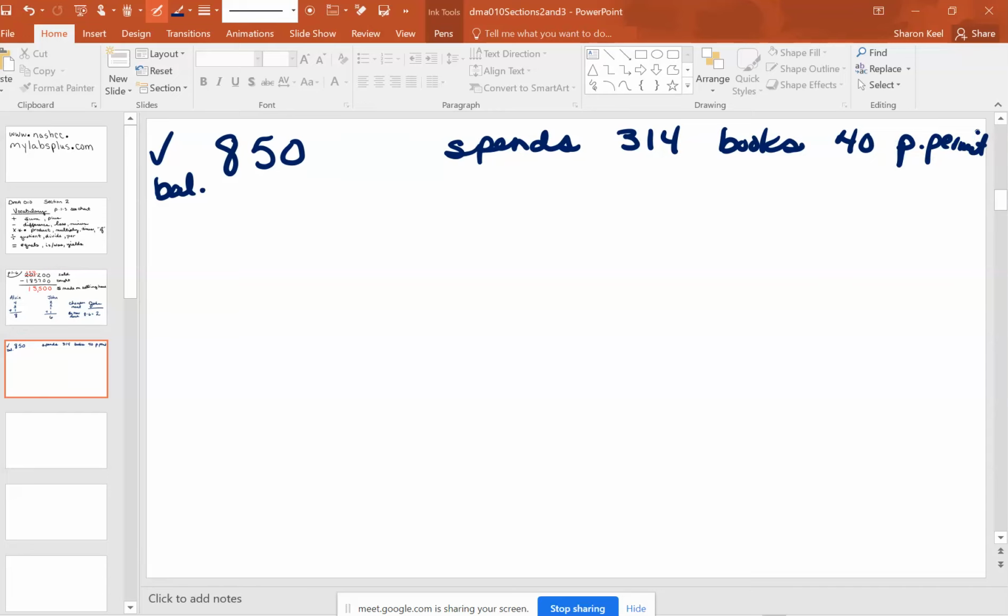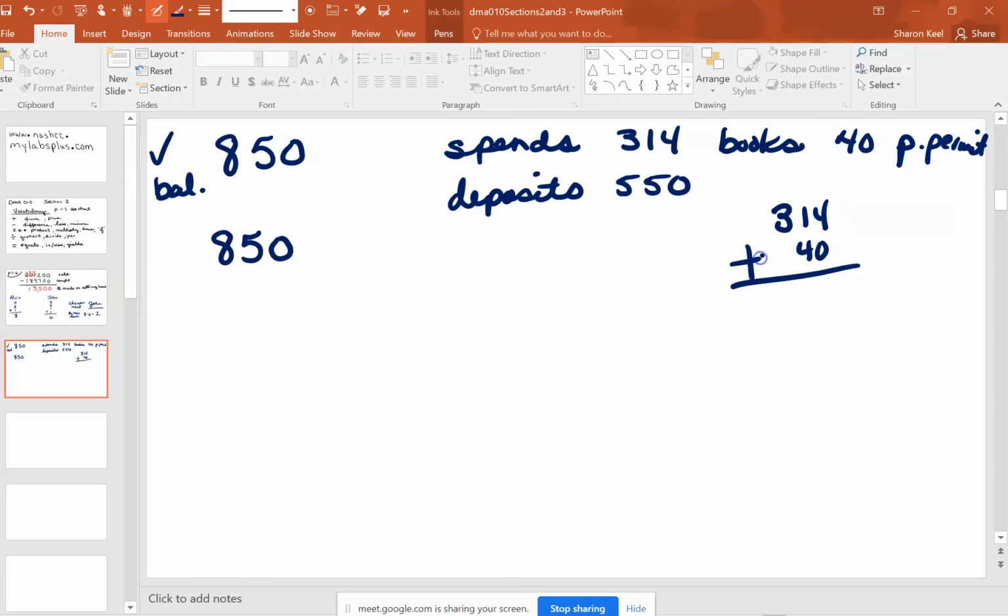After receiving her paycheck, she deposits $550 in the same account. Now we want to know how much money is in the account. Okay, so let's figure out how to do this. If we have a balance of $850 and we spend $314 and $40, if we combine those, that's going to be $354.